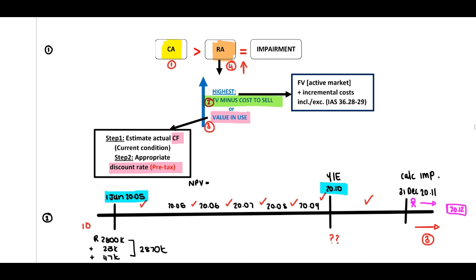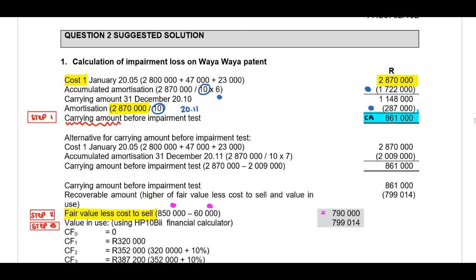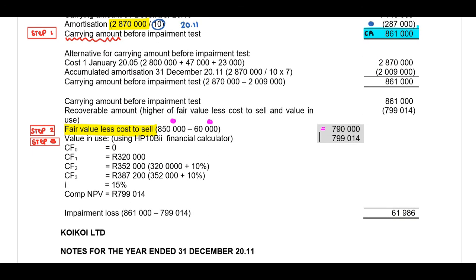If you look at this, on 31 December, this is year 0. And this will be 0. Therefore, in our calculation, if you look at the left side, our value in use calculation, our cash flow for year 0 is 0. You have to include this in your calculator. I know with my shop I have to. Year 1 is the 320,000. Year 2 is the 320 plus 10%.